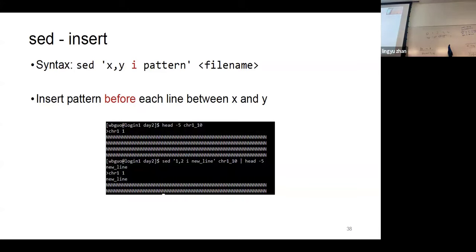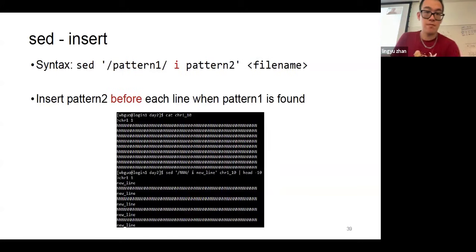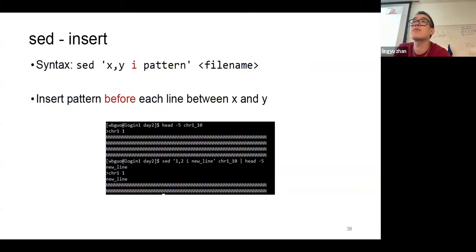Remember that insert is the same as the insert mode in the Vim editor, so it always adds things in front of the location that we indicate. Has everyone tried this?